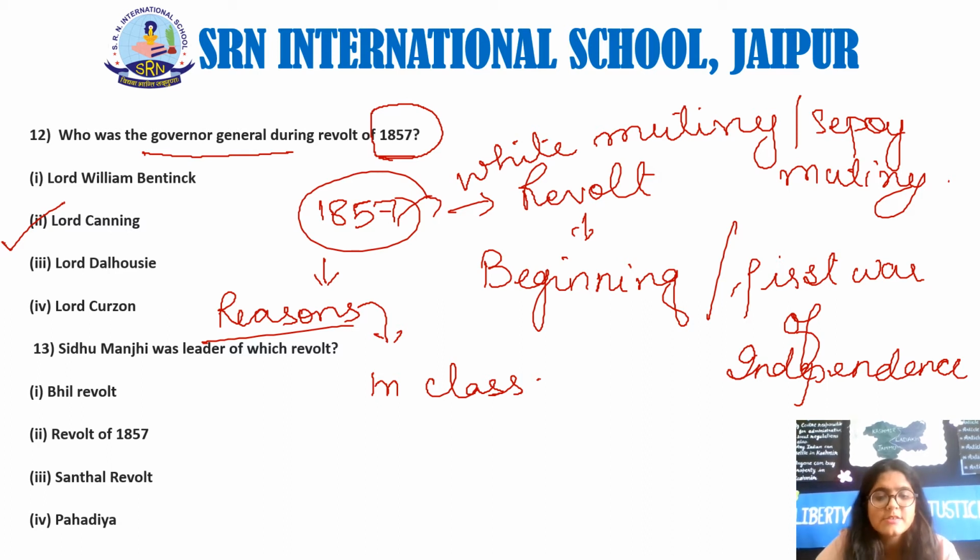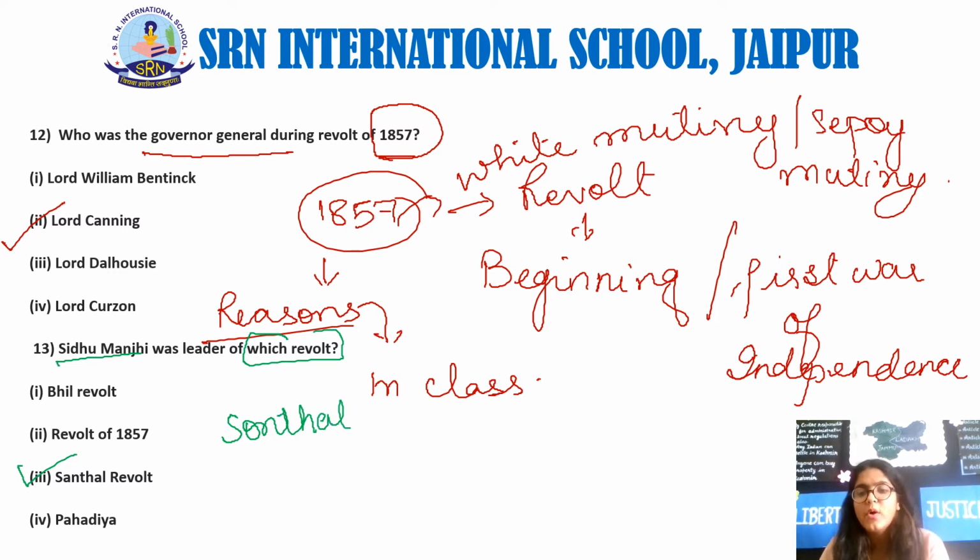Next question asks us who was Sidhu Manji, and he was the leader of which revolt? The answer to this question is very easy. He was the leader of the Santhal revolt, or Santhal rebellion, because it was related to the Jharkhand and Bengal region.